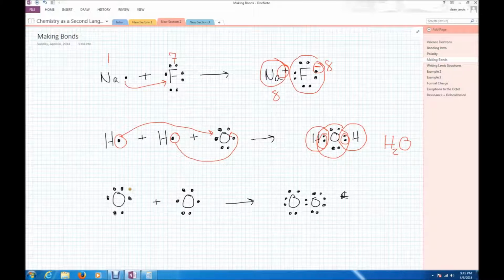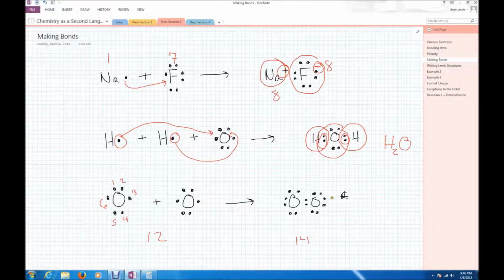And then here's one of those coordinate covalent bonds. We got oxygen plus oxygen and they bond, but something's not right here. So let's count these valence electrons. 1, 2, 3, 4, 5, 6 on each oxygen, so that's 12 on this side. 1, 2, 3, 4, 5, 6, 7, 8, 9, 10, 11, 12, 13, 14.